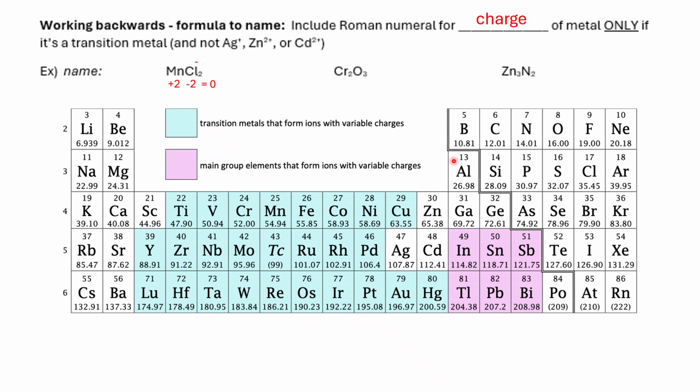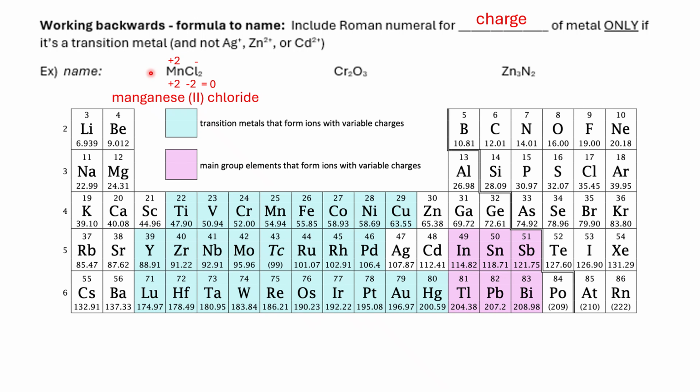And since there's only one manganese, right, there's an implied subscript of 1, 2 divided by that implied subscript of 1 is, of course, 2. So we figured out that this is manganese with a +2 charge. And so when we write out its name, because it's a variable charge transition metal, we need to include that in the name. So it's going to be manganese, Roman numeral 2, chloride.